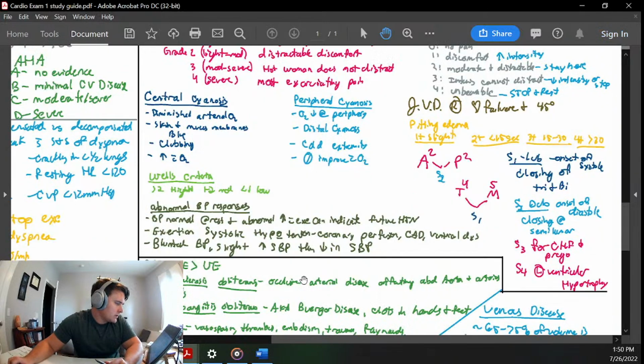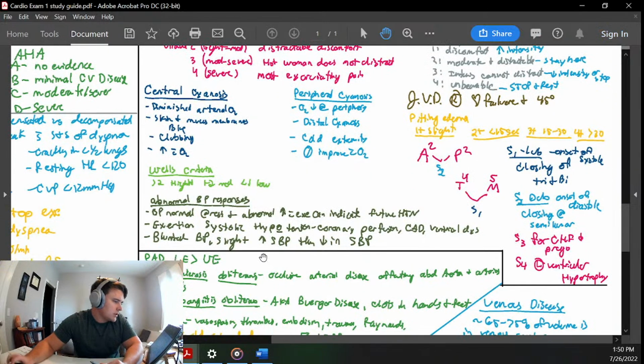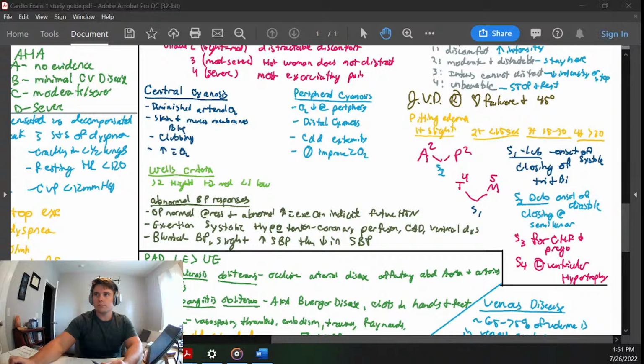So let's go to abnormal responses. That is one thing that's on there: adequate versus inadequate changes in blood pressure. If systolic blood pressure goes up with exercise, that's common, as long as it's related to intensity.